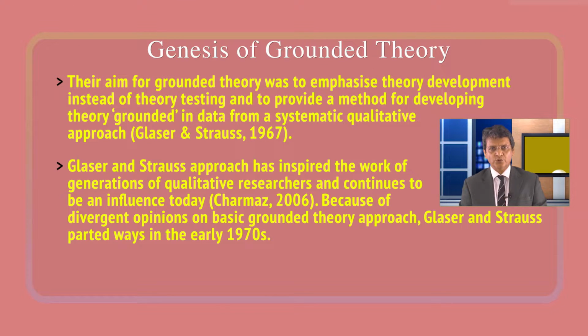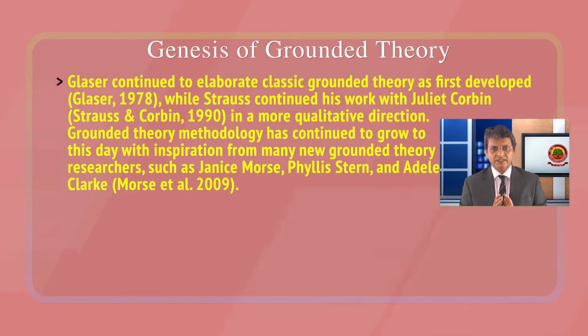Glaser and Strauss's approach has inspired the work of generations of qualitative researchers and continues to be an influence today. Because of divergent opinions on the basic grounded theory approach, Glaser and Strauss parted ways in the early 1970s. Glaser continued to elaborate classic grounded theory as it was first developed, while Strauss continued his work with Corbin in a more qualitative direction.